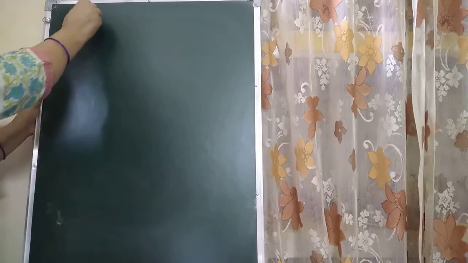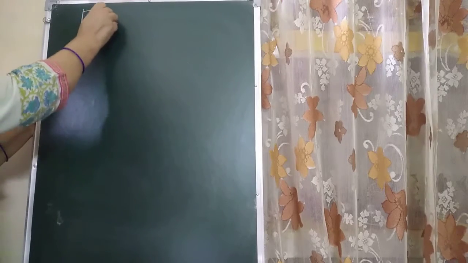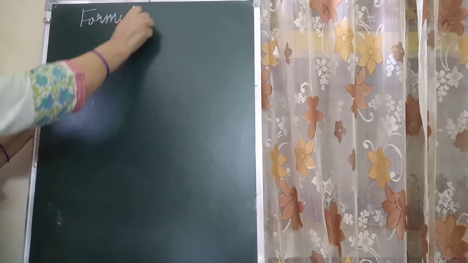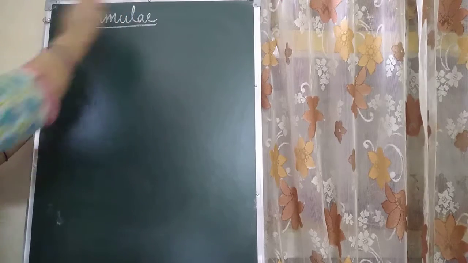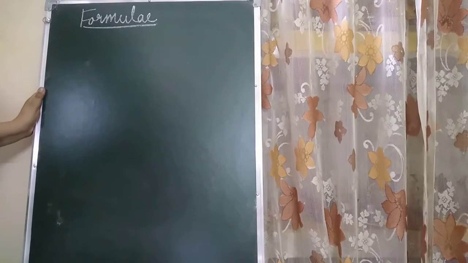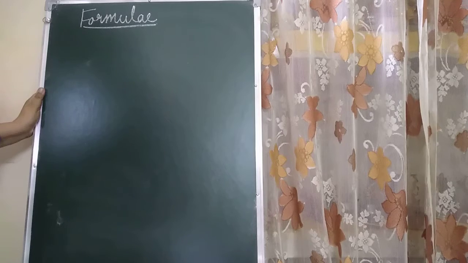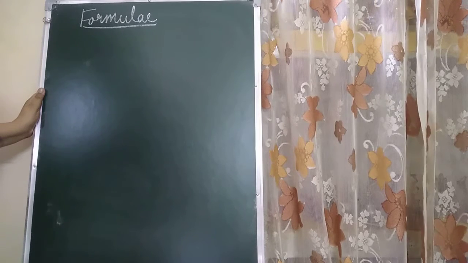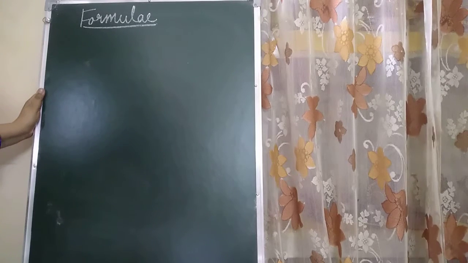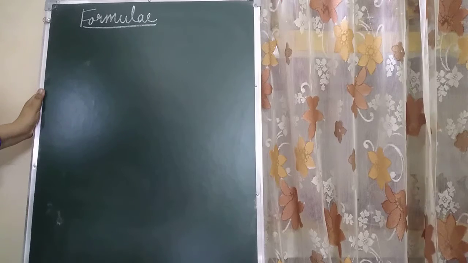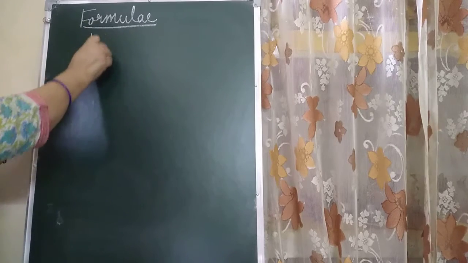Now let us discuss the formulae. We know that a molecule of water contains 2 atoms of hydrogen and 1 atom of oxygen.